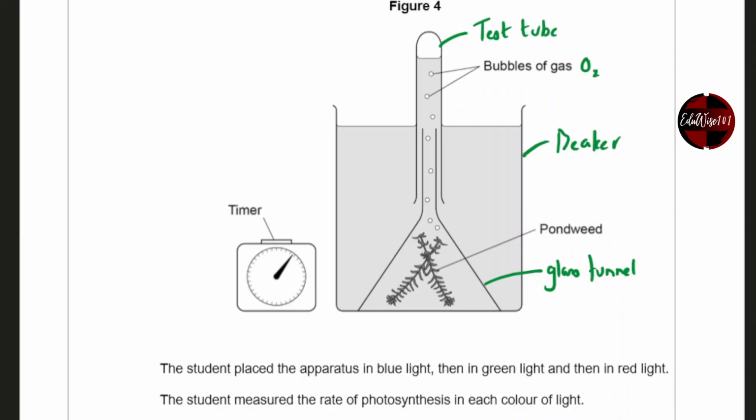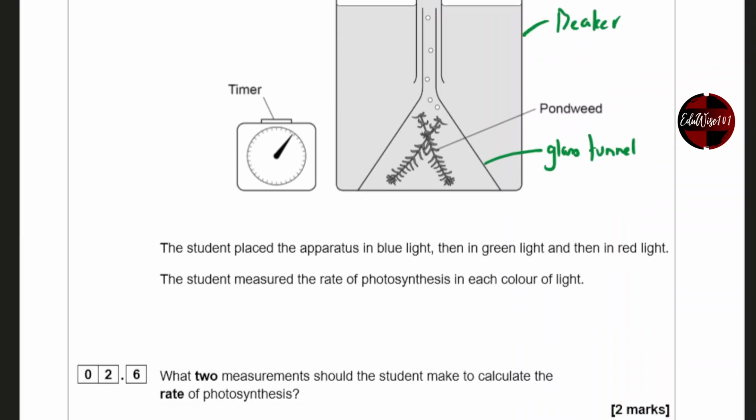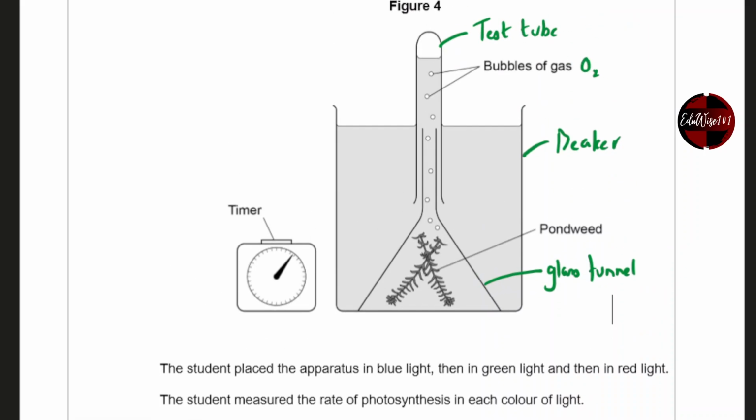The student placed the apparatus in blue light, then in green light, and then in red light. The student measured the rate of photosynthesis in each color of light. How do you measure the rate of photosynthesis? Well, you could count the number of bubbles in a given time. How many bubbles does it produce in 1 minute? Or you could find out what is the volume of oxygen collected on the top after, let's say, 5 minutes or 10 minutes.